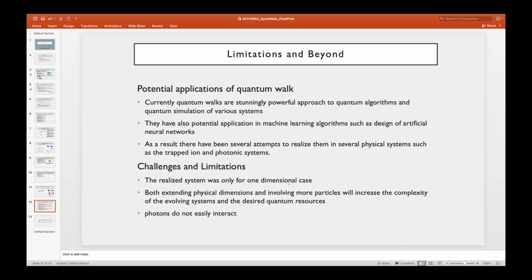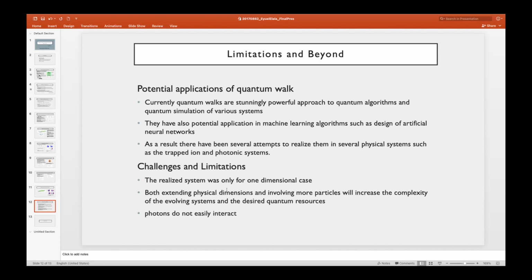There are some problems: when you use photonic architectures, photons don't interact easily. So applying two-qubit gates on two systems could be difficult in the case of photon architecture.